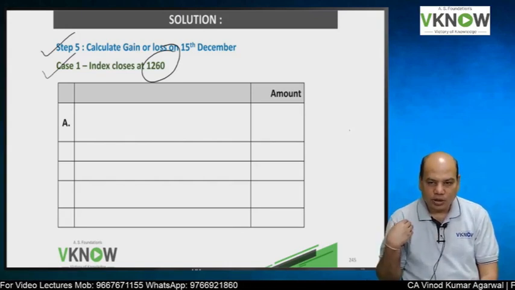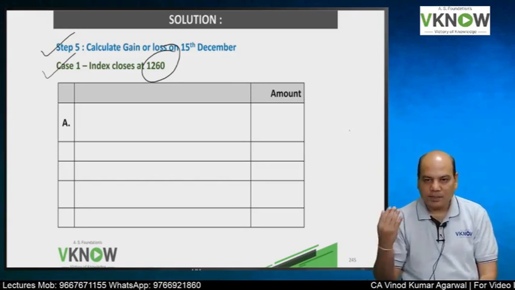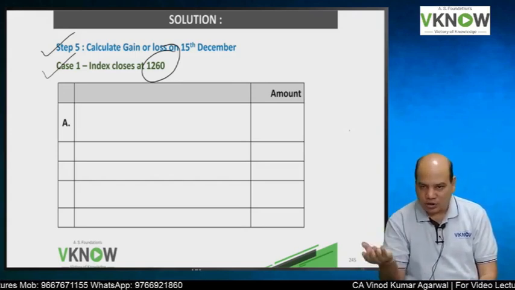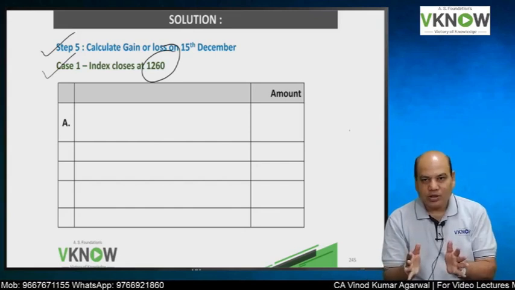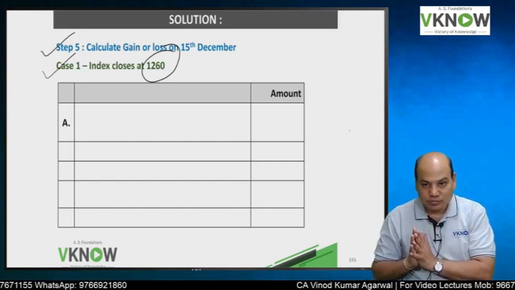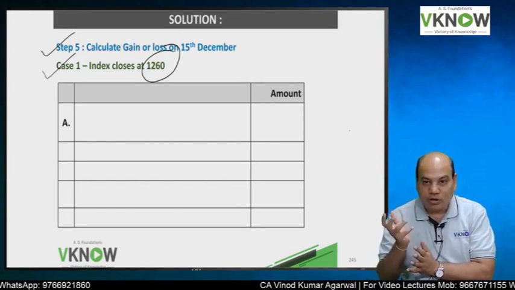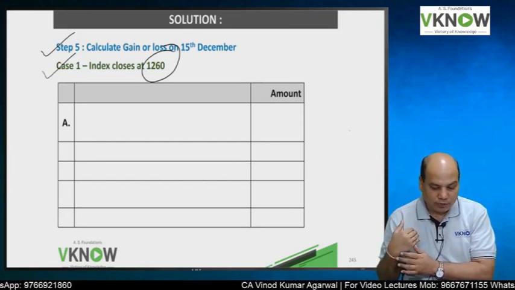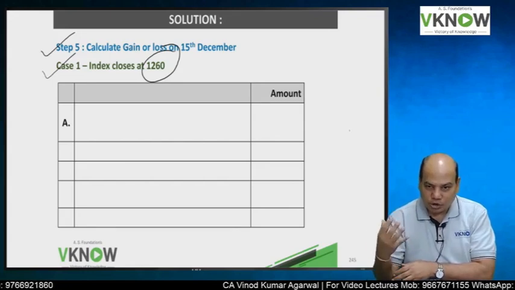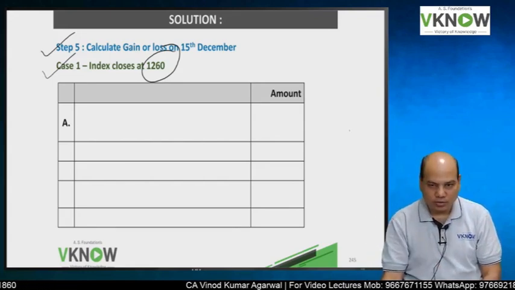I have borrowed money, I have to repay along with interest. I have purchased the share, I have to sell it. In the meantime, we will get dividend yield also. That will be my inflow. And I have taken a position on future, so I have to consider gain or loss on that also.